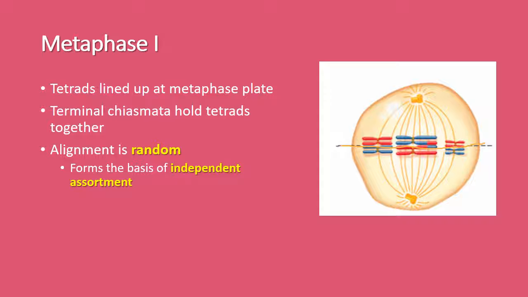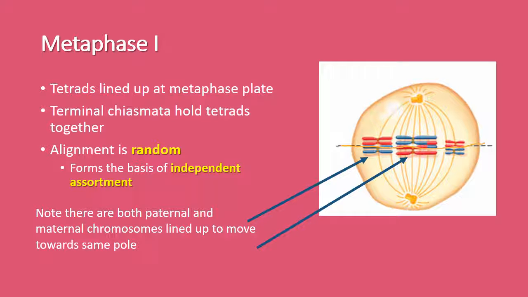So, for example, if your mom was a carrier for cystic fibrosis, you've got a 50-50 shot of being a carrier yourself. And like I said before, note that you have a mixture of maternal and paternal chromosomes lined up towards one pole, and that arrangement is completely random.